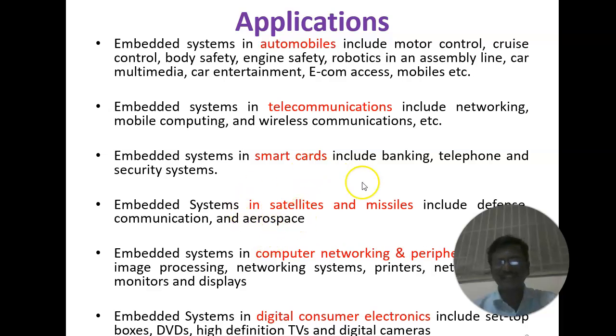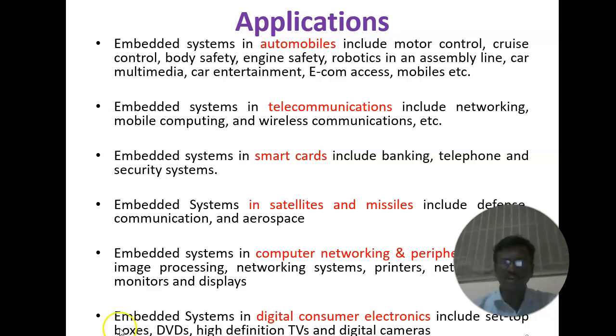Then satellites and missiles also, we are using for defense communication and aerospace. Most commonly we are using these embedded systems, and also in computer networking and peripherals. Then digital consumer electronics, we are most commonly using, you know that.